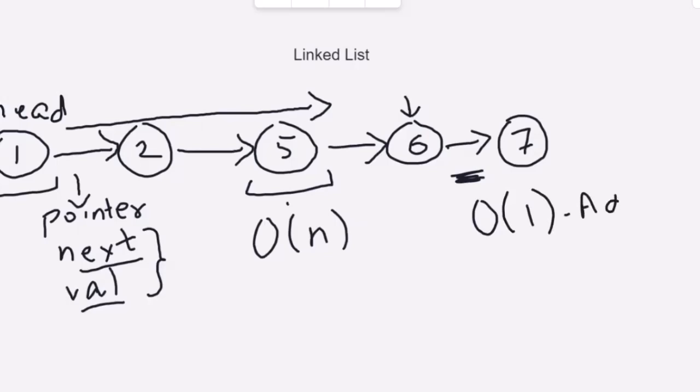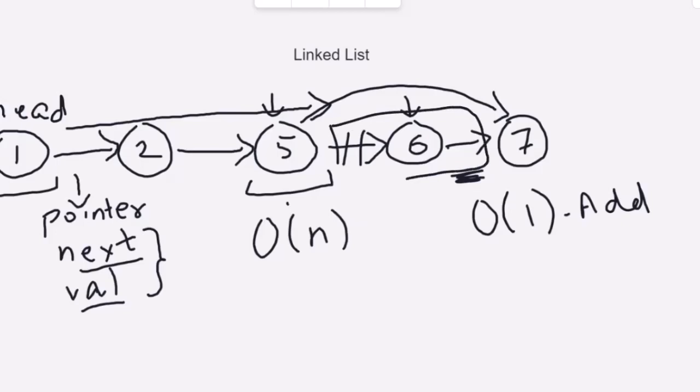So adding, and even if you want to delete, suppose you have a pointer pointing to 5 and you want to delete 6, you don't need to basically cancel. What you'll do is you will make 5's next directly point to 7, basically point 5's next to 6's next, and then this part will come out of the linked list. So you will be remaining with 1, 2, 5 and 7. So O of 1 for delete as well.